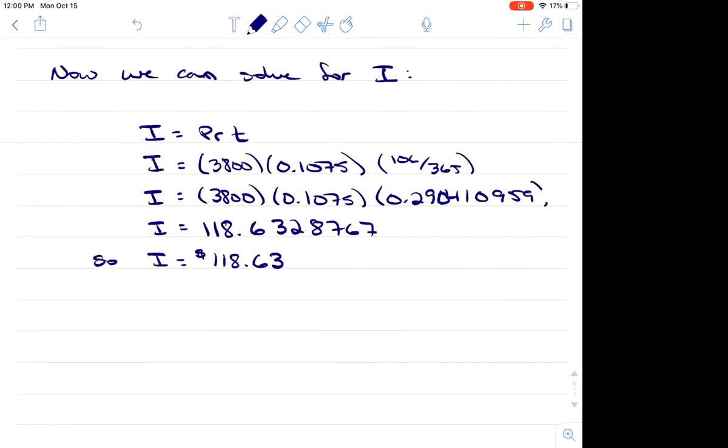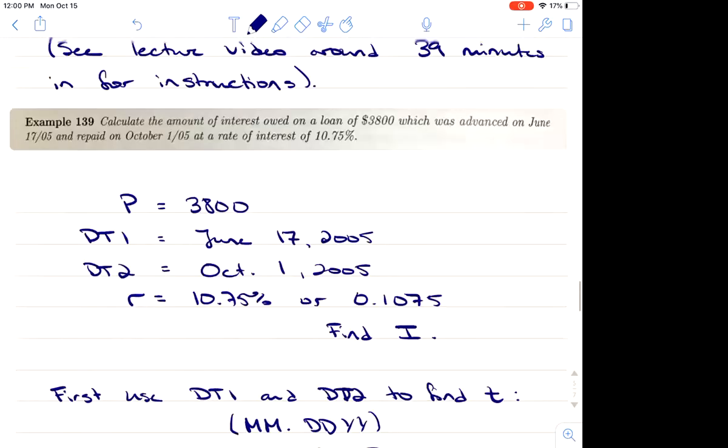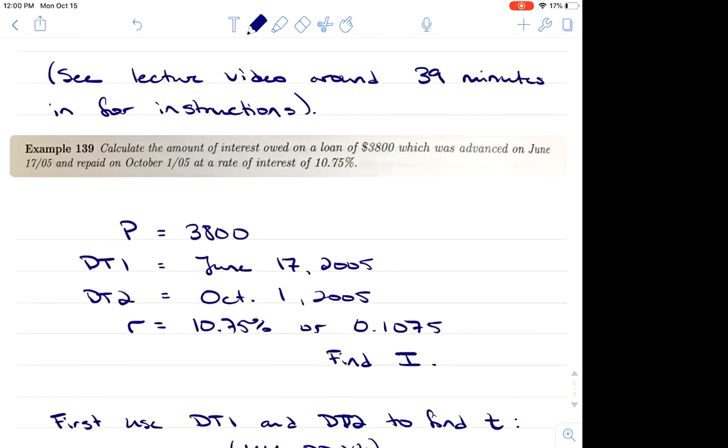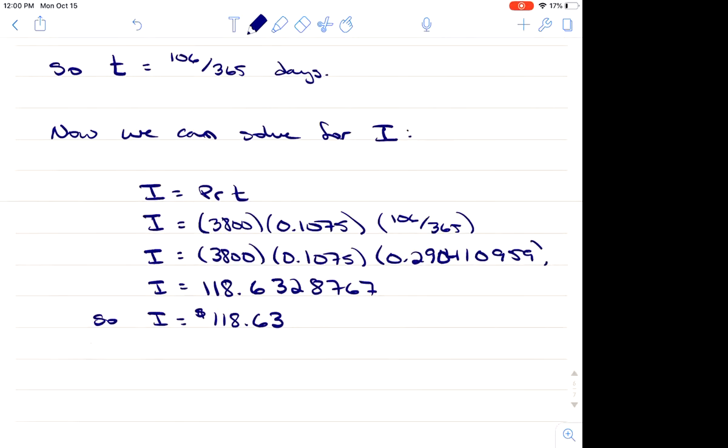So what was the date for this one? The date was June 17th to October 1st, 2005. So the amount of interest owing: if she got a loan of 3,800 on June 17th, 2005, and then she paid it off October 1st, 2005, the amount of interest that she would have had to pay is $118.63.